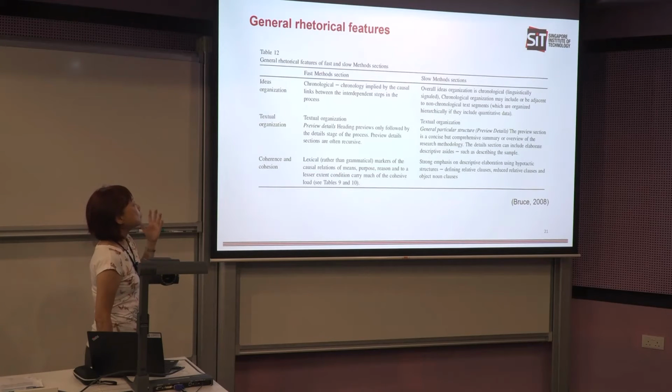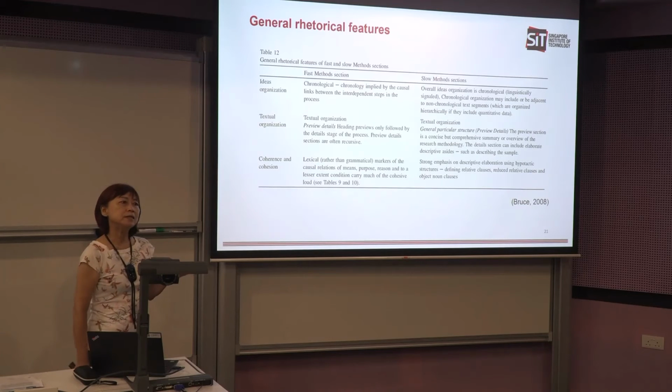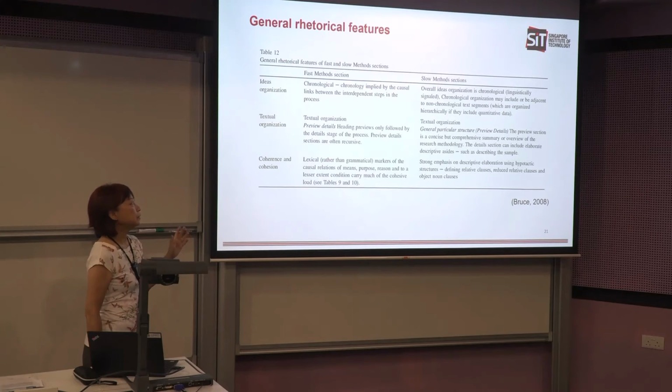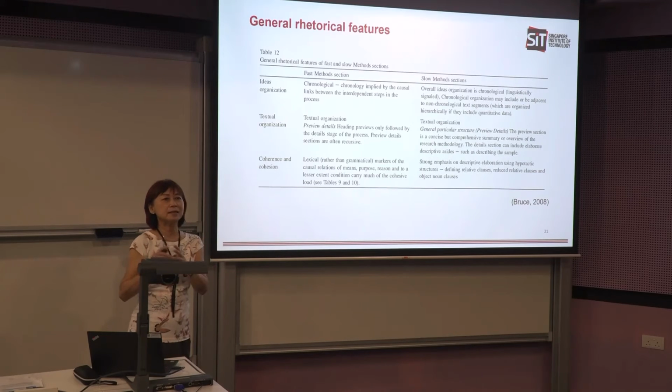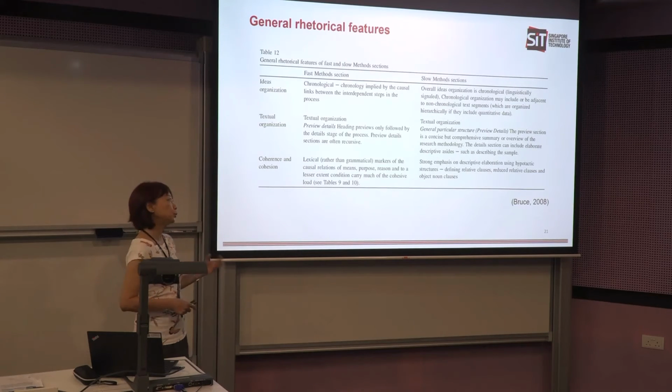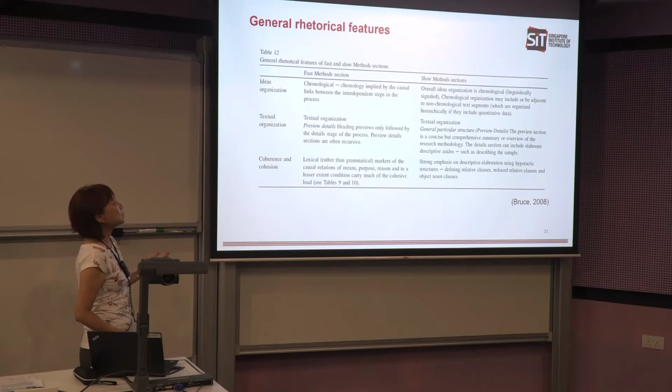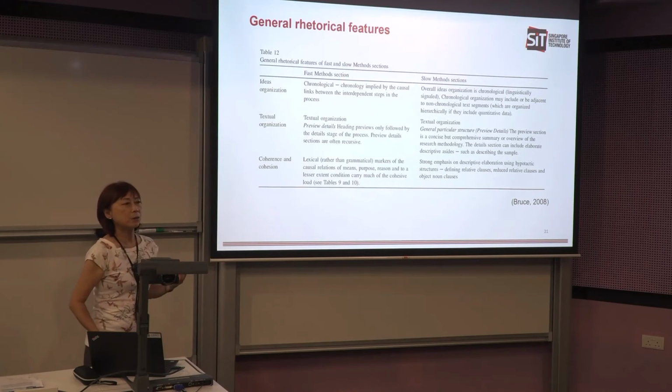But I like first to just point out that across the disciplines, you've got method sections that are considered slow methods and some that are considered fast. So Bruce, he wrote about this. Fast methods are where the information is not as detailed.